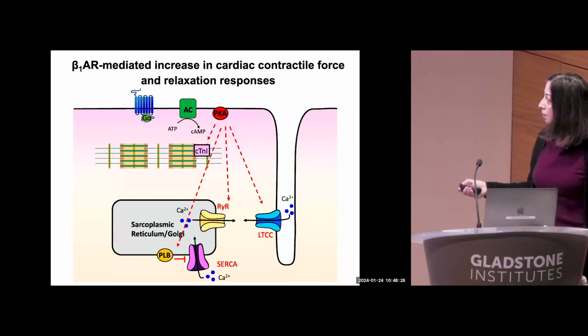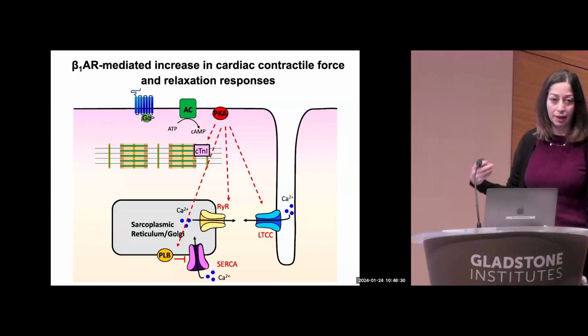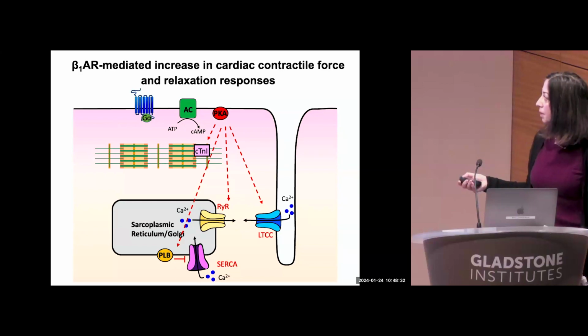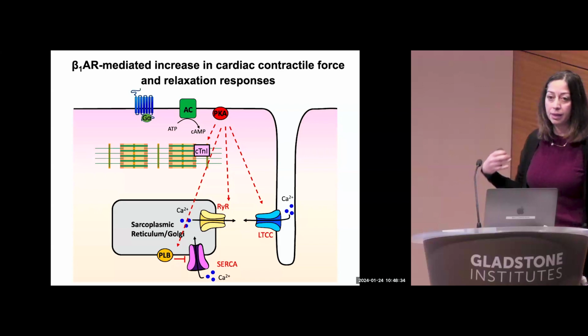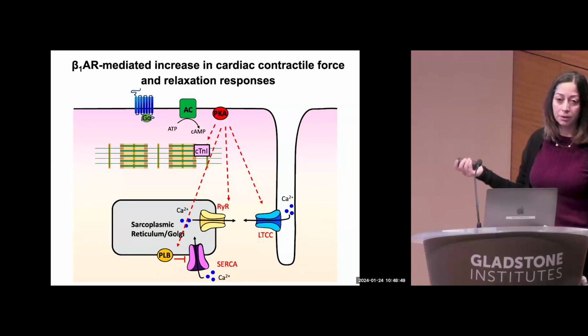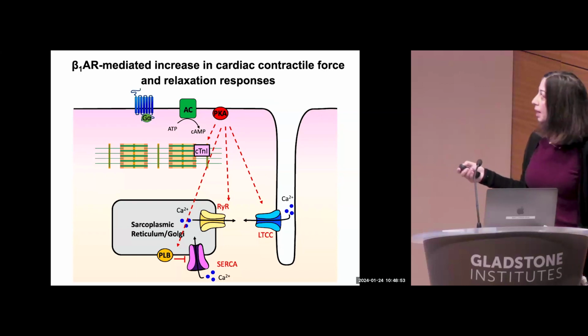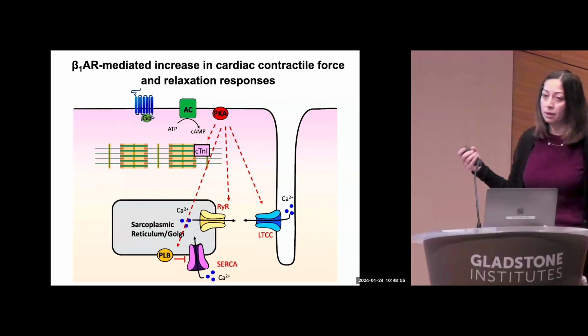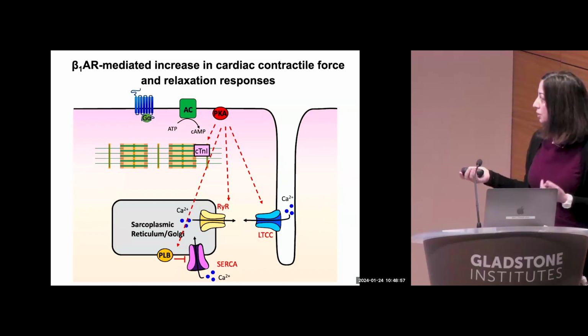The key players in regulating the cardiac contractility responses in the cardiomyocytes are these channels that bring calcium from the extracellular environment inside of the cell, or take it back up to the ER. The ryanodine receptor and SERCA channel are one example, and another protein regulating the contractility responses is troponin I, which regulates the actomyosin interactions.